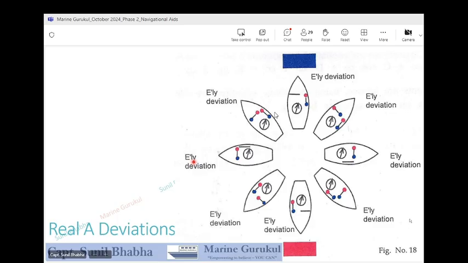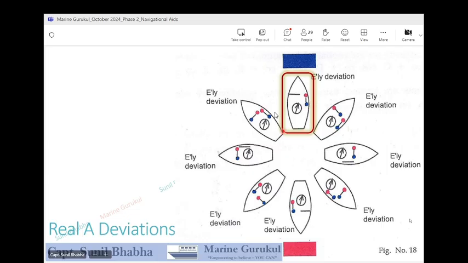And in the definition of coefficient A, we have seen that it generates a constant deviation irrespective of the heading. So we will try to see now how this deviation remains constant over all the headings. Let's first try to understand how this easterly deviation is generated with the ship on a northerly heading.